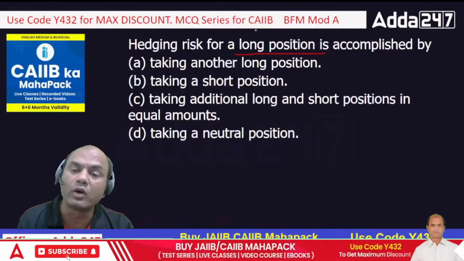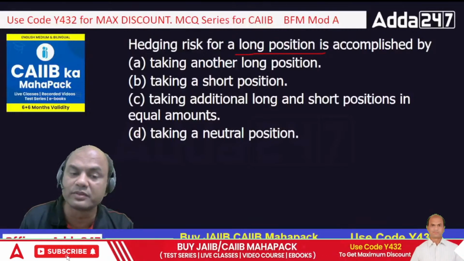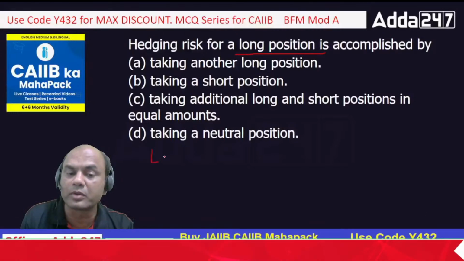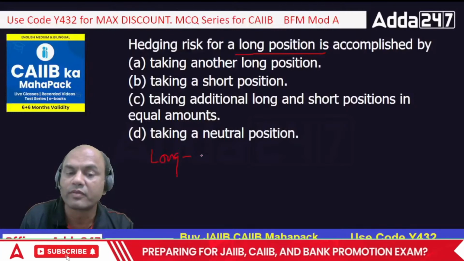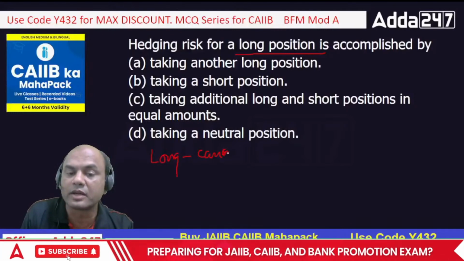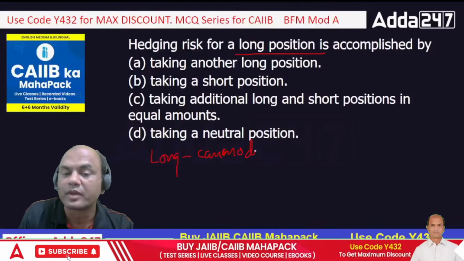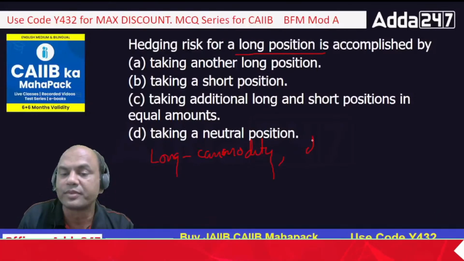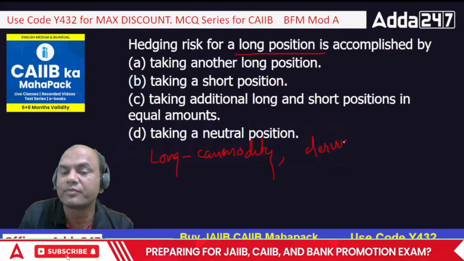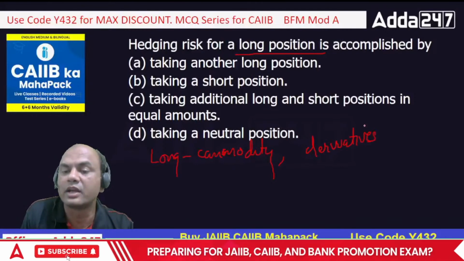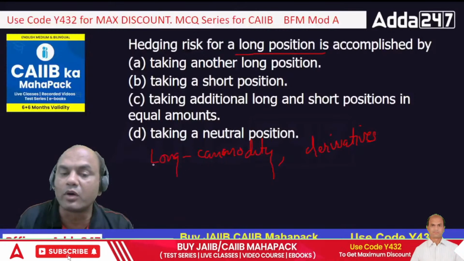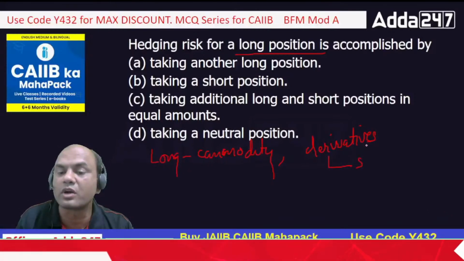So if I am long on any commodity, what did I tell you? If I am long on commodity, let me get the answer from you now. I should be in options or in derivatives. Derivatives, I should be long or short in derivatives. If I am long on commodity, in derivatives I should be reverse, short.